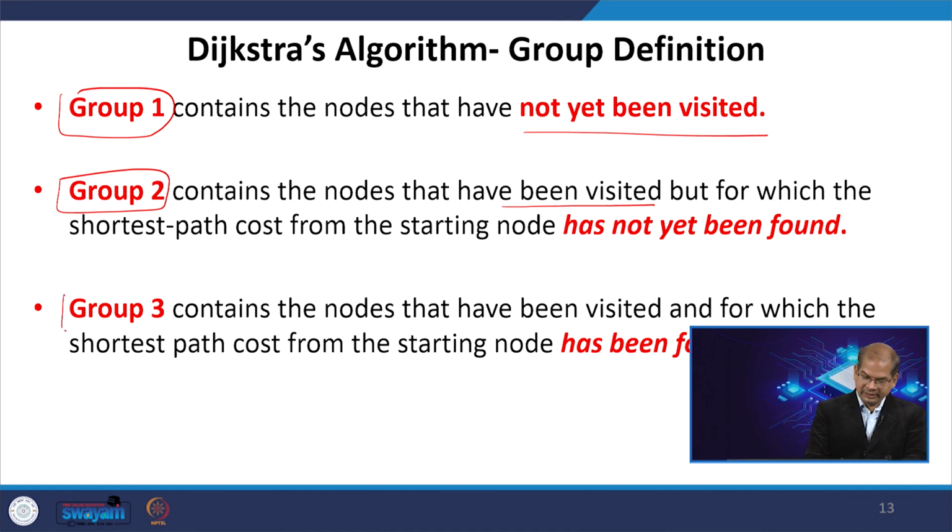Then group 3 will contain the nodes which are visited, and we also know the shortest path cost from the starting node to that node. Okay. Group 3 contains the nodes having the shortest path, group 2 contains the nodes which have not found the shortest path, and group 1 contains the nodes which have not been visited.